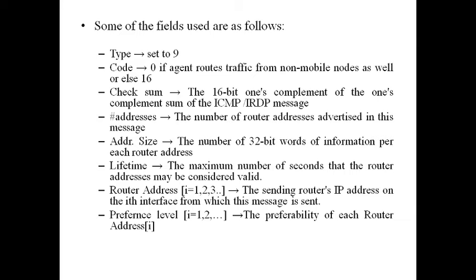Once they advertise their presence, how many seconds it has to be valid, that information will be stored in lifetime. Once they advertise their presence, it will not stay forever. Only for some time will their advertisement be on the router, not every time. So how many seconds that advertisement is valid will be stored in lifetime.